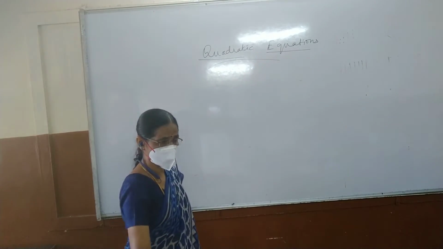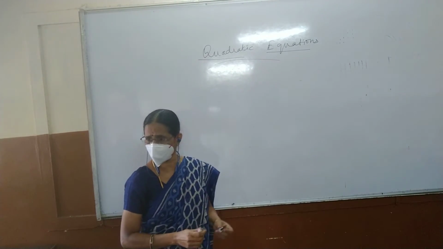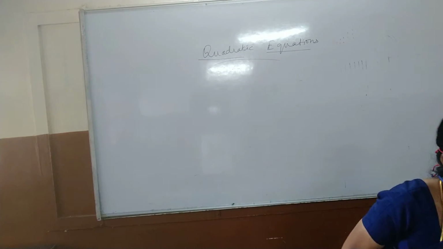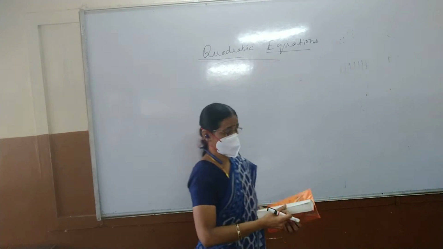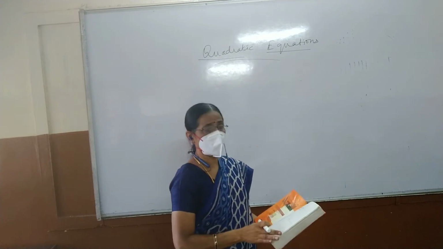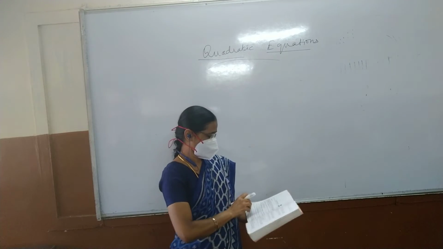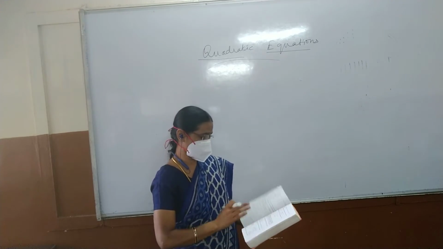Last year we had studied factorization, splitting the middle term. Do you remember? Here we are going to use it. Before that, let us see how to check whether the given equation is quadratic or not. So we go to exercise 4.1.